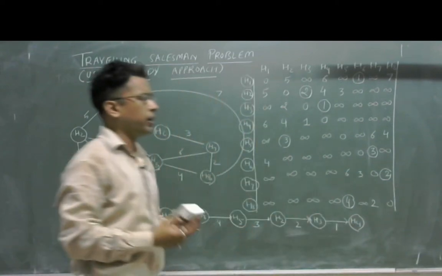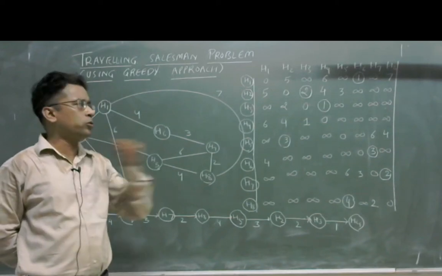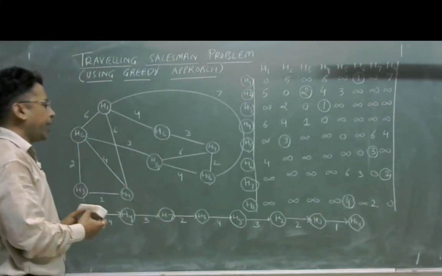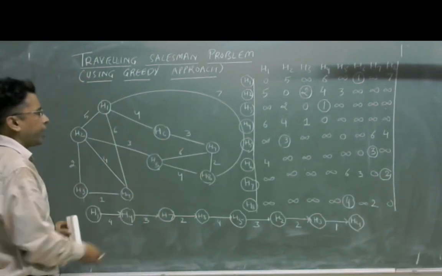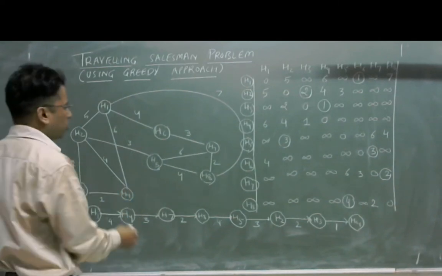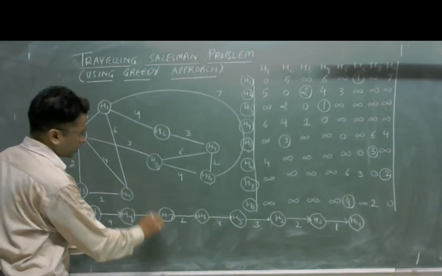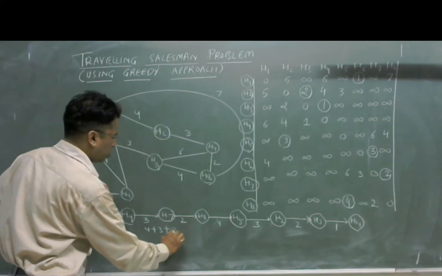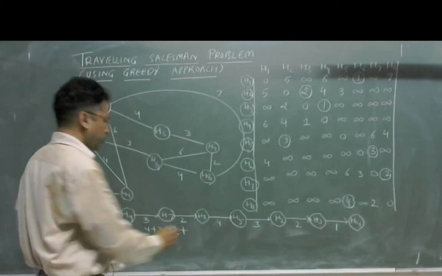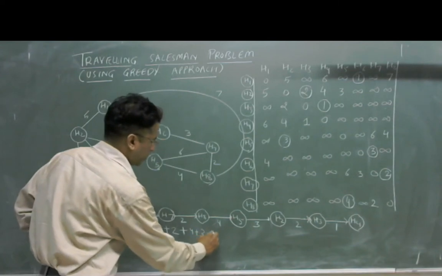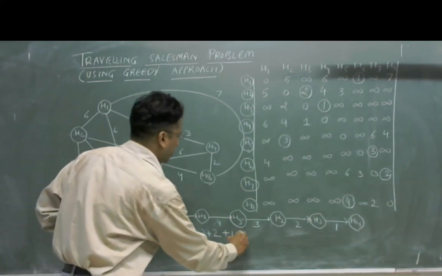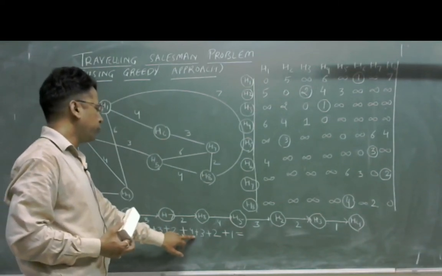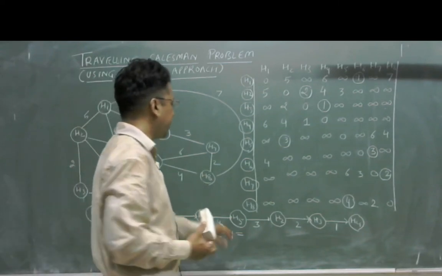After that, we are left with no nodes. There is no node that has not been covered. All the nodes have been covered, and we have found a sequence. Corresponding to this, after adding all these, we have found that the total value is 4 plus 3 plus 2 plus 4 plus 3 plus 2 plus 1, which is 4 plus 3, 7, 8, 9, 13, 16, 17, 18, 19.